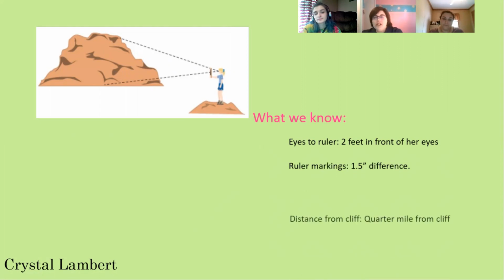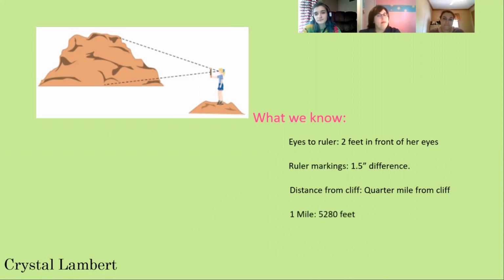We also know Jenny is 1/4 mile away from the cliff. The problem also lets us know that 1 mile is equal to 5,280 feet.